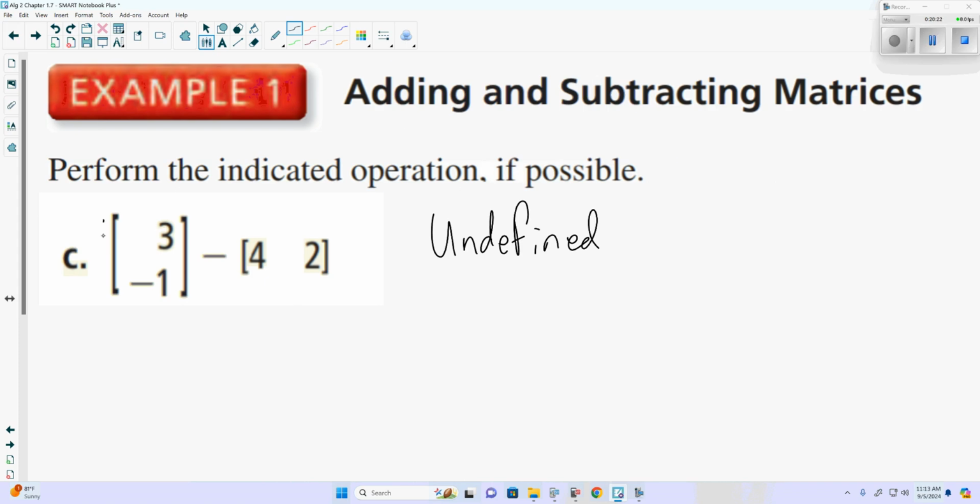The first one, so dimensions is rows by columns. So 2 by 1. Here we have 1 by 2. They have to be the exact same. So for these to add, the dimensions of the second one have to be a 2 by 1. If the dimensions don't look the exact same, it doesn't work.